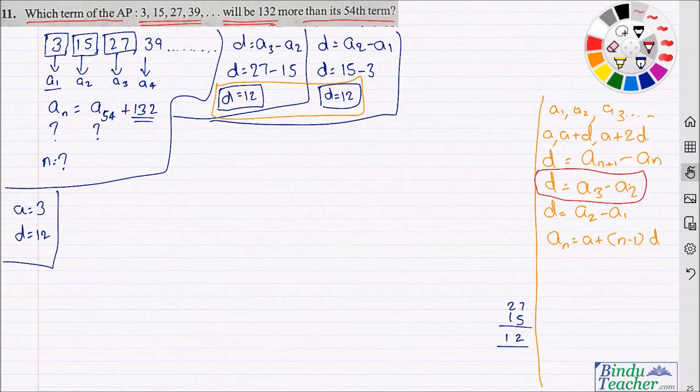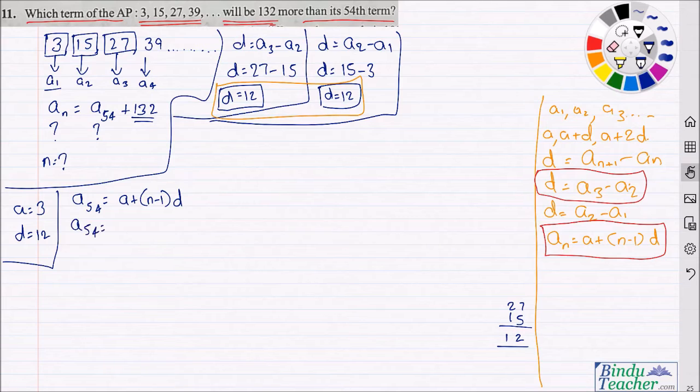Now let's use the last formula that we wrote here and try to come up with an equation for a of 54. So we know a of 54 equals a plus n minus 1 into d. a of 54 equals the value of a, which is 3, plus the value of n, which is 54, minus 1 into d. d is 12.